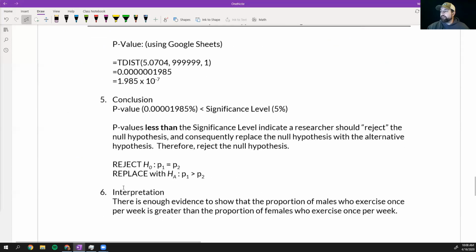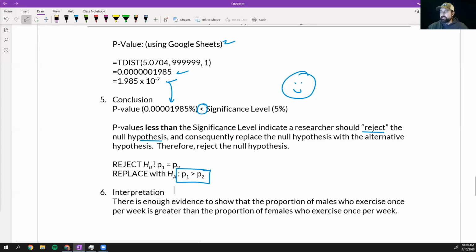So we take that 5.07, we plug it into Google Sheets, and look at the area that we get. Very, very small area. Because that p-value is much lower than our significance value, that's good for us. That means we get to reject the null hypothesis and replace it with our alternative hypothesis.